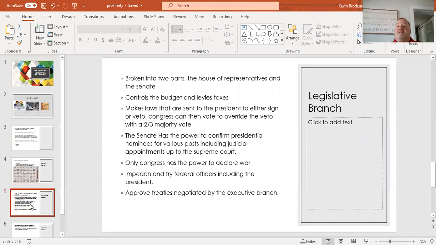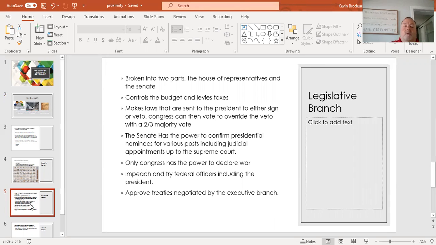Next, we have the legislative branch. The legislative branch is broken into 2 parts, the House of Representatives and the Senate. The legislative branch controls the budget and they levy taxes. They make laws that are sent to the president to either sign or veto. Congress can then vote to override the veto with a 2/3 majority vote.